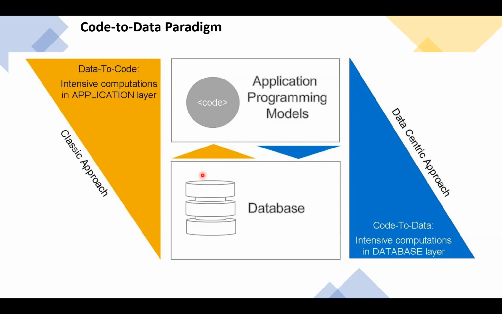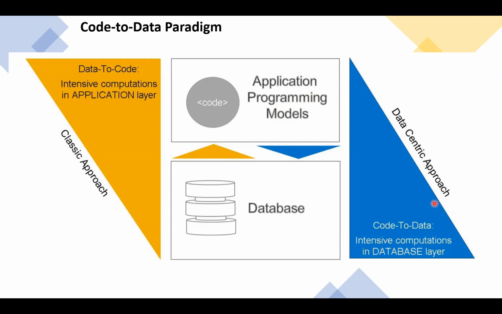Here we push everything onto the database, but in the past it was completely different: bring the data to the application and perform all the operations, whatever the filtering, at the application layer itself. But the approach has shifted: don't bring anything to the application, do everything on your database itself.